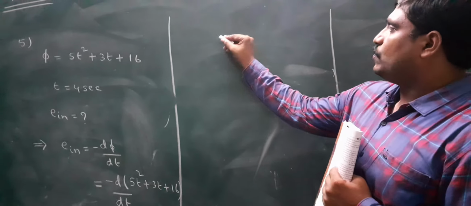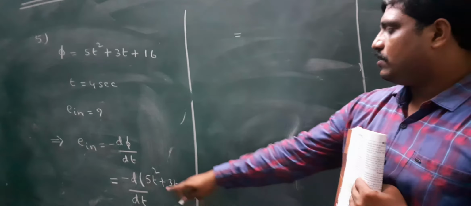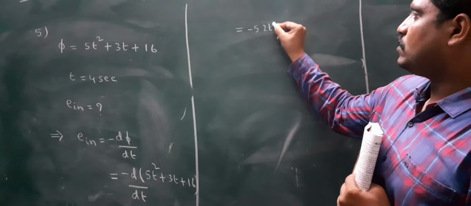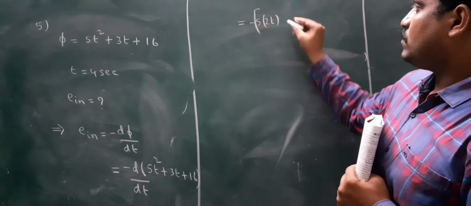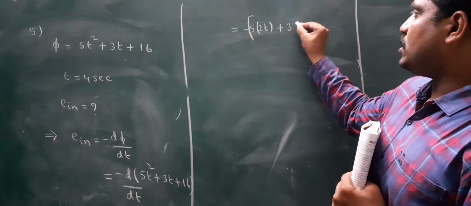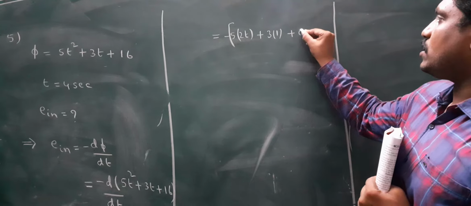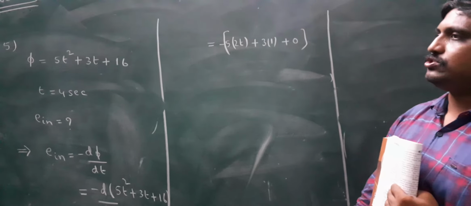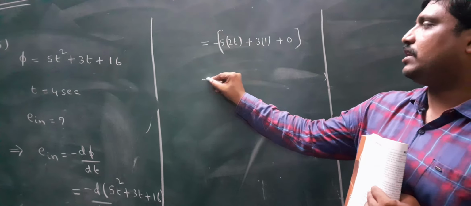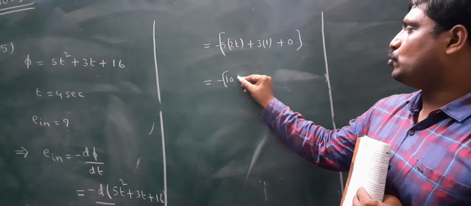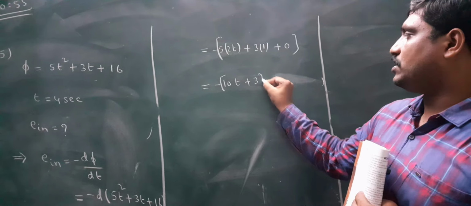Right side, look here. We know that directly the differentiation of t² is 2t, the differentiation of t is 1, and the differentiation of the constant 60 is 0. Directly write, because you are an MPC student. 5 into 2 is 10t plus 3.